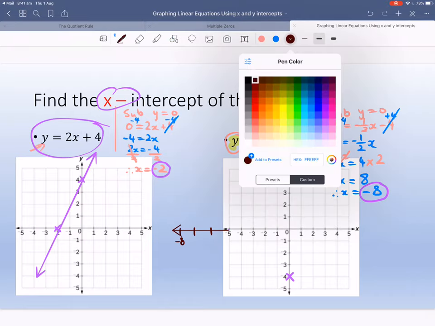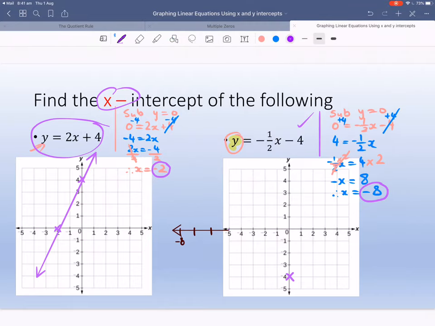Let's get back to my purple colour. The x-intercept is here. So we grab our ruler and draw a line from there to there. And that is our line, y = -1/2 x - 4. We only need 2 points and we're done.